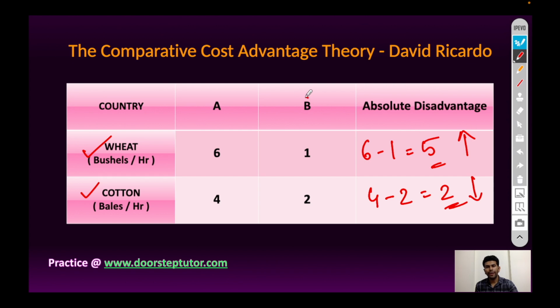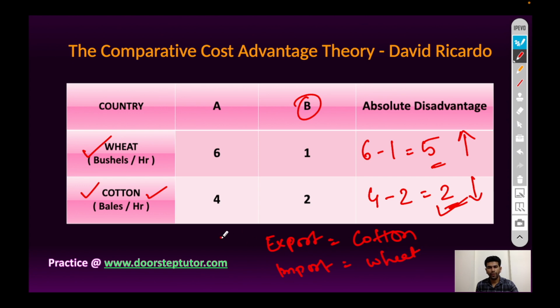So country B has the lowest absolute disadvantage in cotton, so it will export cotton and import wheat. Country B will export cotton and country A will export wheat.